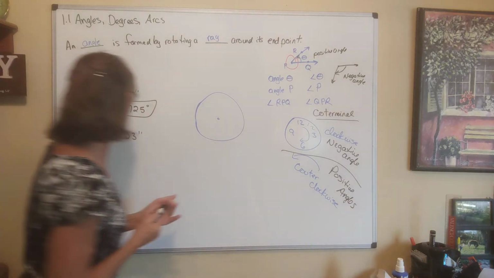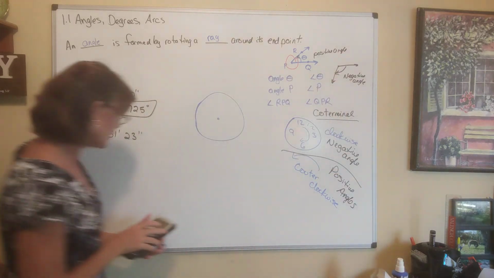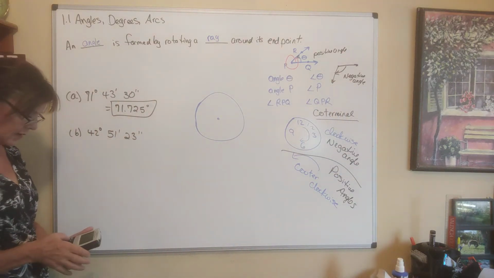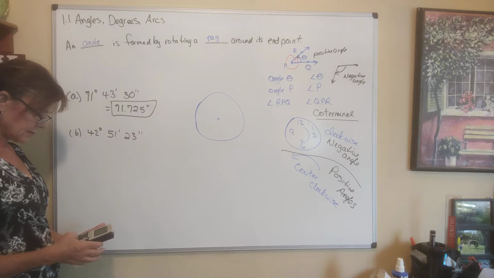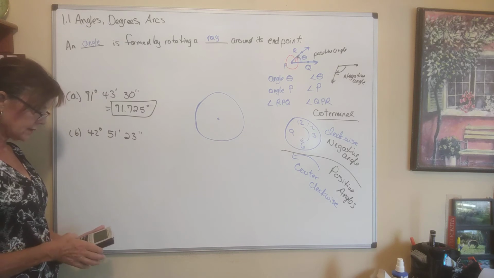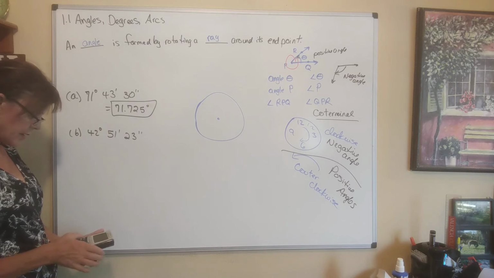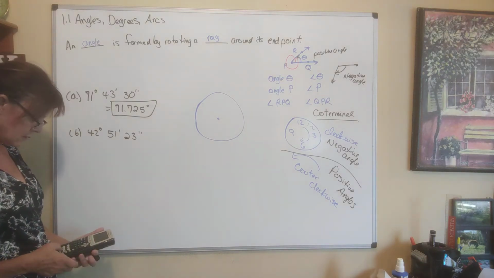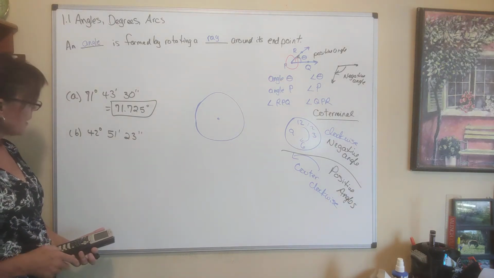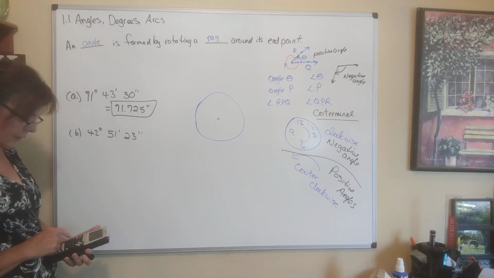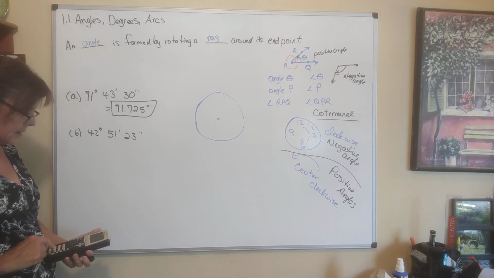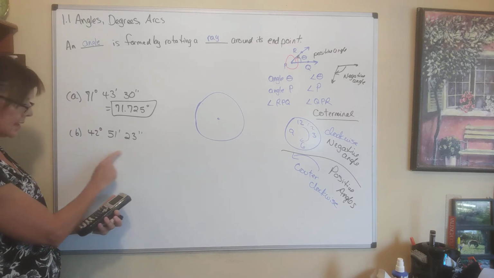42 degrees, 51 minutes, 23 seconds converts into 42 second, angle 1, 51 second, angle 2, 23 alpha plus, which helps me enter this exact thing on there.